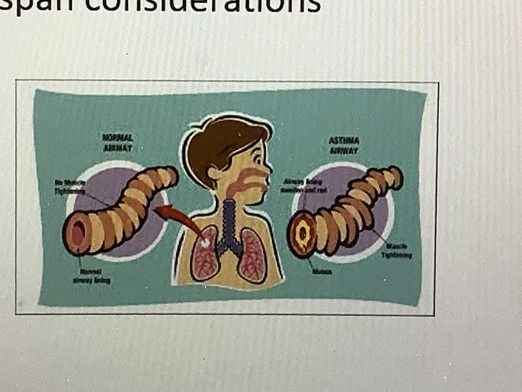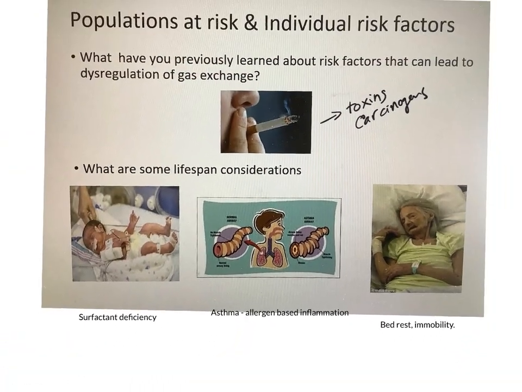So that can put somebody at higher risk for ear infections, and that all goes into upper respiratory infections and higher risk. But that constriction of the bronchioles, inflammation, definitely higher risk there.